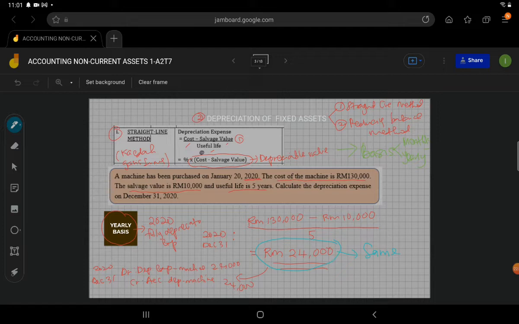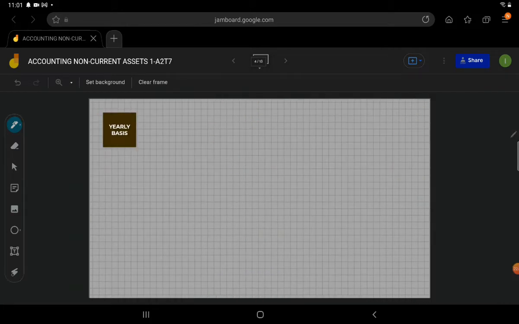And then, after that, this is yearly basis. Okay, and then, under yearly basis, okay, kita boleh sediakan jadual dia. Okay, kita nak tengok sehingga akhir usia guna dia. Okay, usia guna dia tadi adalah 5 years. So, nak tengok itu, kita akan prepare jadual. Okay, jadual dia macam ni.